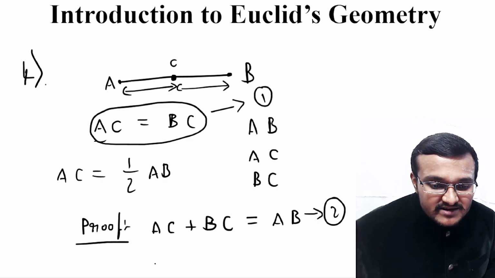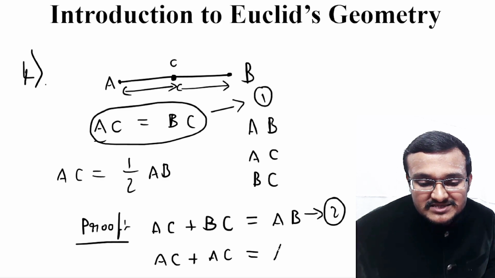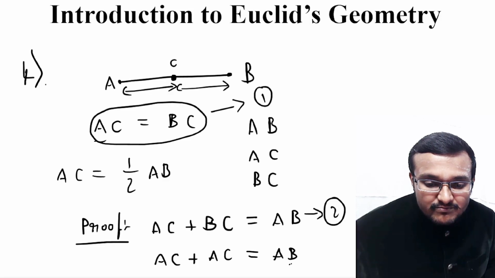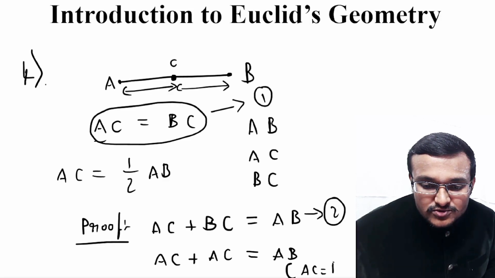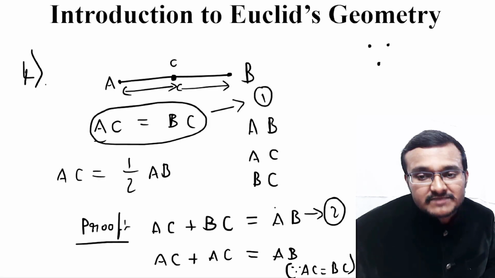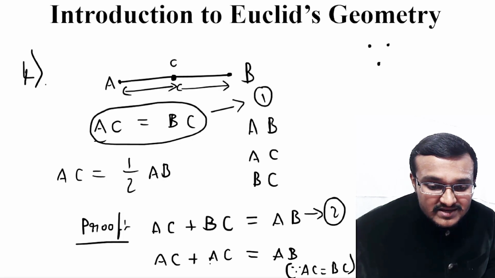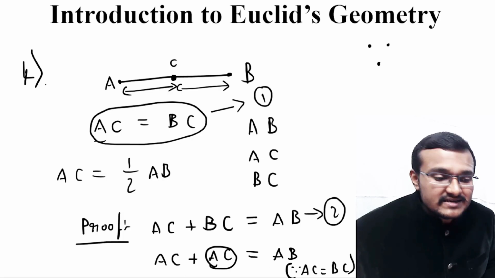From equation 1, we can replace BC with AC. That is, AC plus AC is equal to AB, since AC is equal to BC. Whenever I write three dots like this, it represents 'since'. Since AC is equal to BC, in the place of BC I am writing AC.